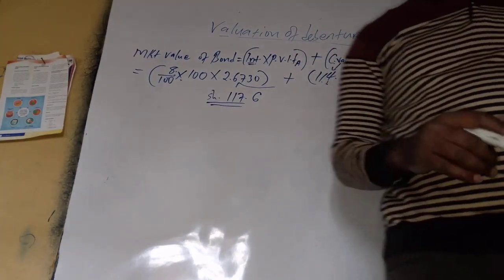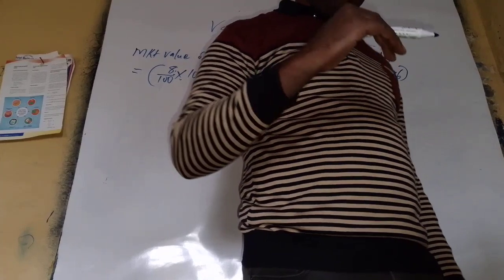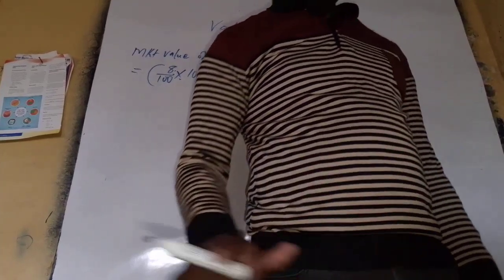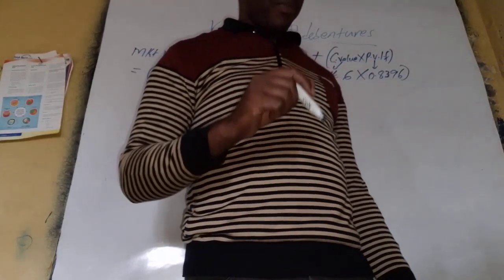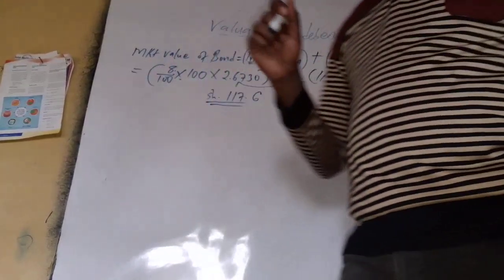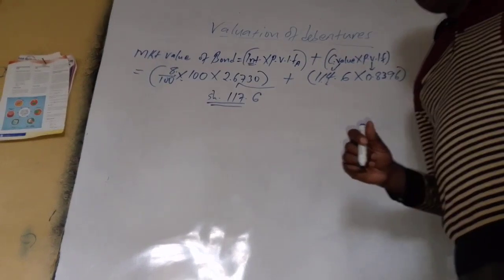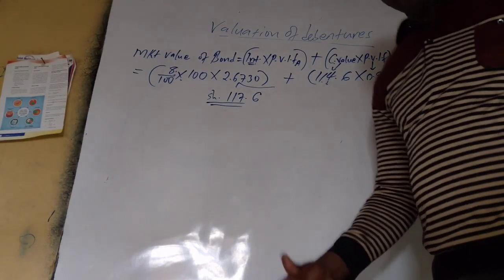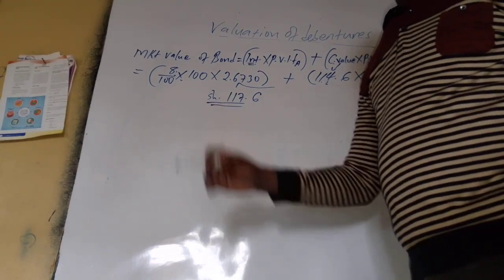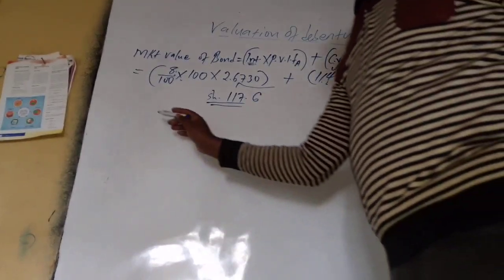Roman 2 of the question, we are being told to compute the floor value. Remember, floor value is the minimum price that an investor can bid for this bond.